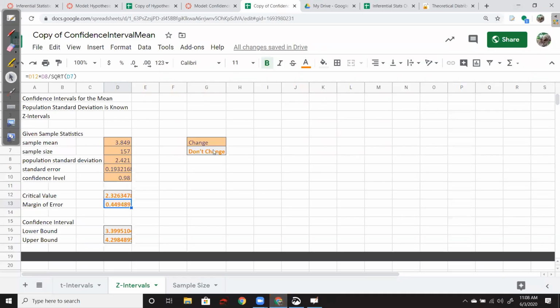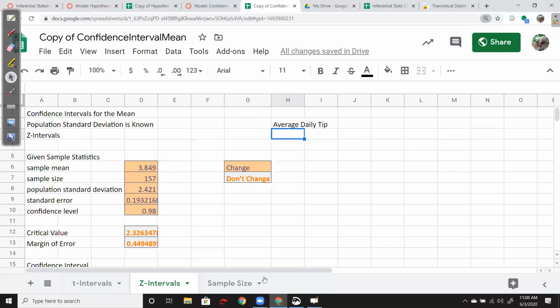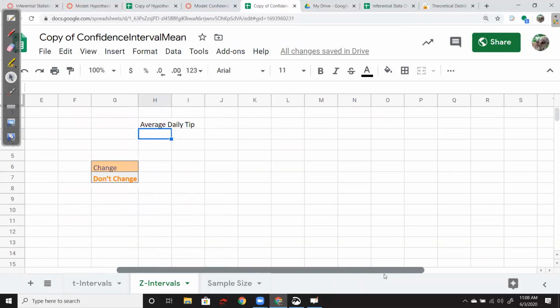So let's go in here. So this is about average daily tip. And then I need to write a sentence. Let's blow this up a little more so you can see what I'm typing better. Hopefully that's big enough.